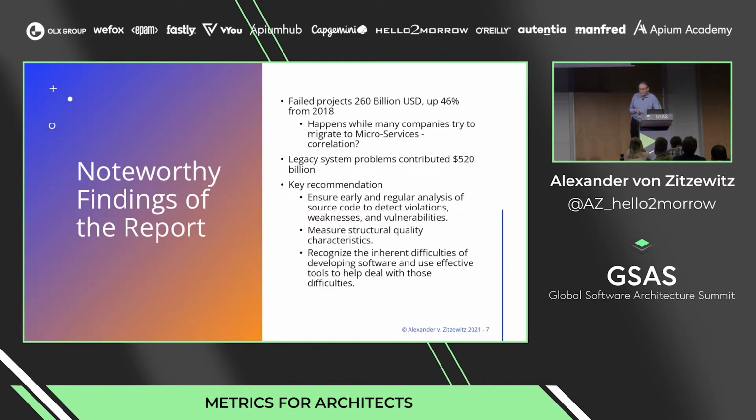So, noteworthy findings. One thing that popped into my head was failed projects, $260 billion, and it's up 46% from 2018. What happened since 2018, except COVID? I think one of the things that's happening is that many companies are moving to microservices. But many people are moving to microservices without knowing all the complexity they're adding to their projects by doing that.